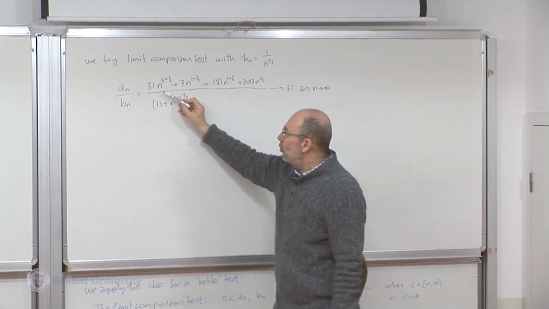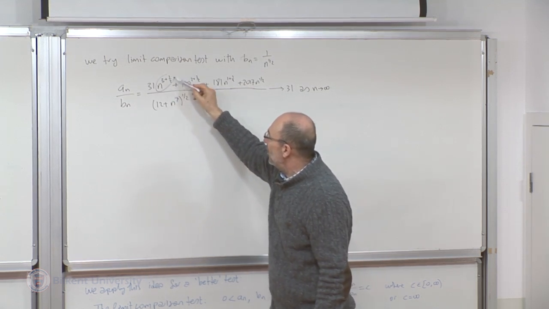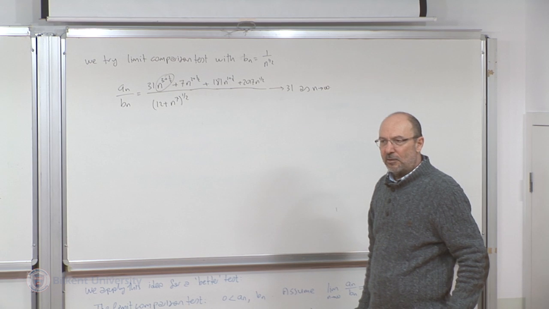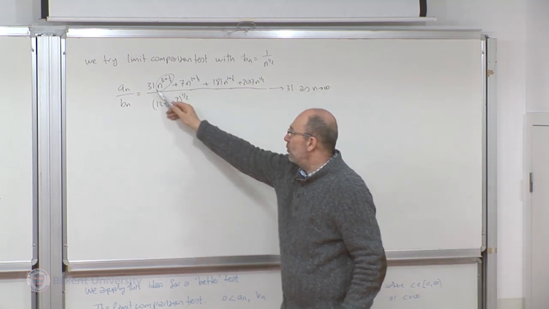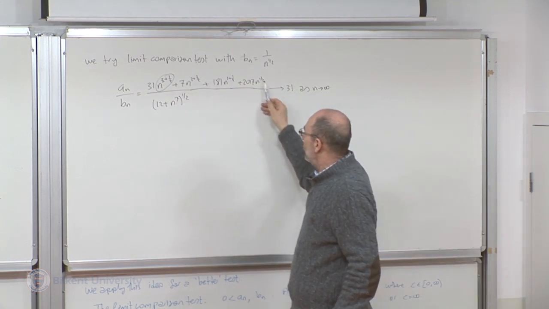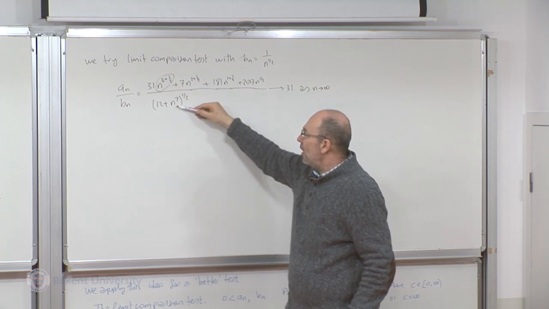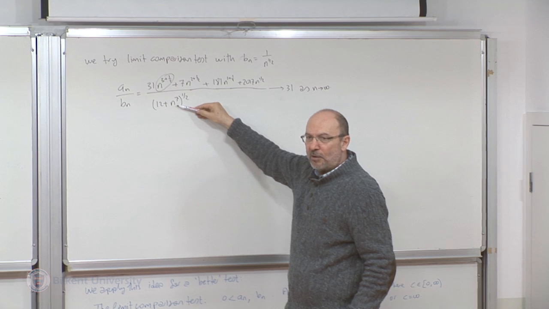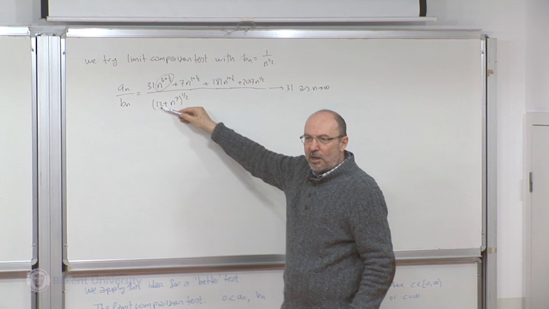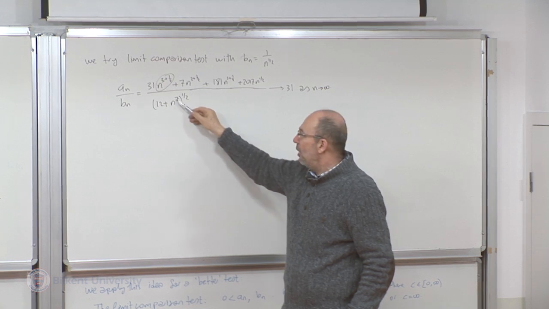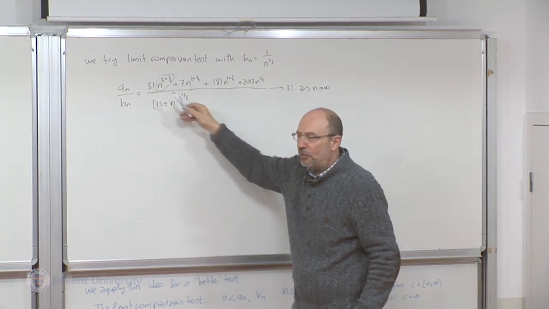So this goes to 31 as n goes to infinity. You divide everything by this. Then here 31 survives. These all go to 0 because their powers are less than this. Then when it goes inside the root, it becomes n to the power 7. Here 1 survives. This 12 over n to the 7 goes to 0. And here you have 1, here you have 31.